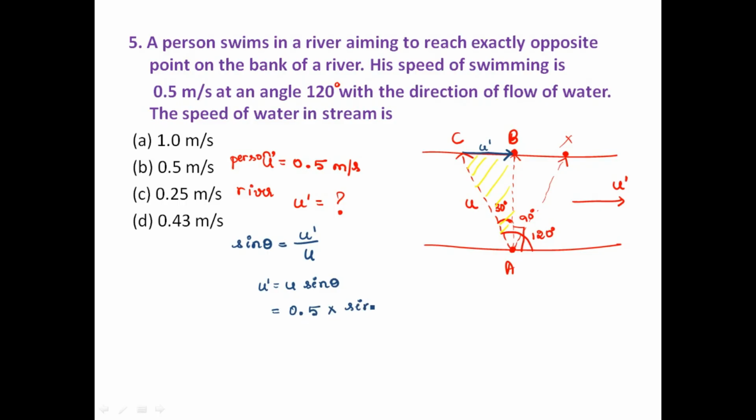Sine theta is sine 30 degree, right? What is sine 30? 1 by 2. u dash is equal to 0.25 meter per second. Hence, we find the speed of water in the stream is 0.25, which is option C, 0.25 meter per second.